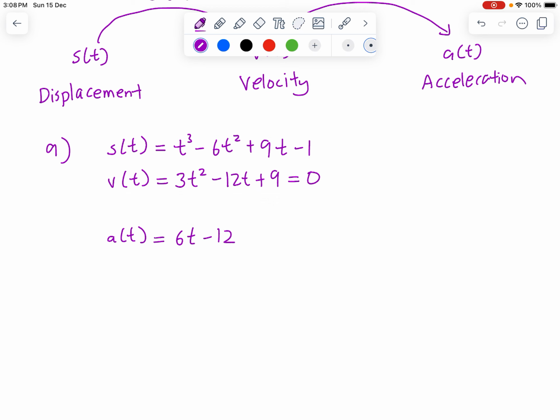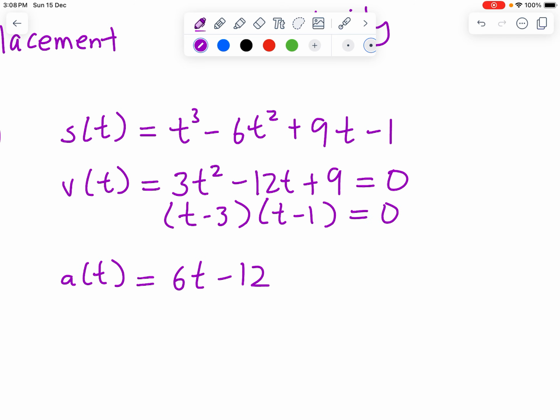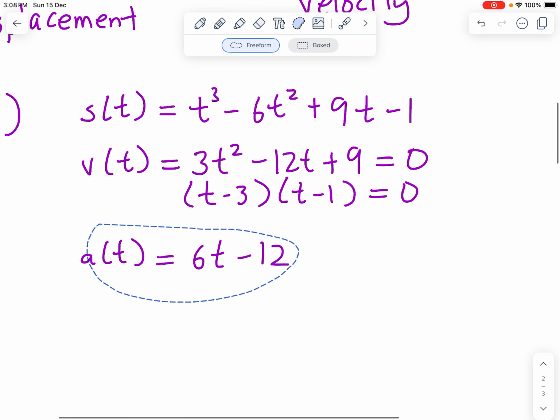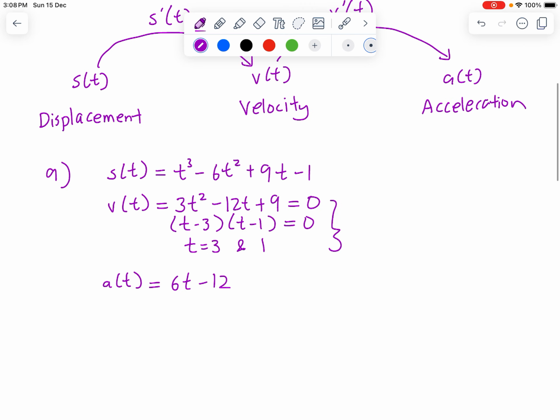So if we set velocity equal to 0, in this case it's a quadratic function, so maybe we can factor it. If we factor it, we get t minus 3 times t minus 1, and it is equal to 0 when t equals 3 and t equals 1.